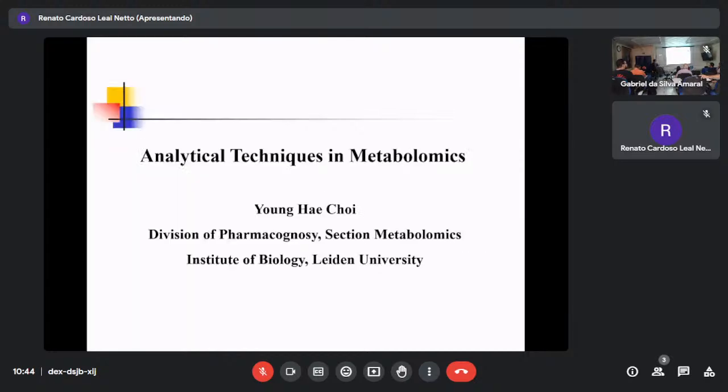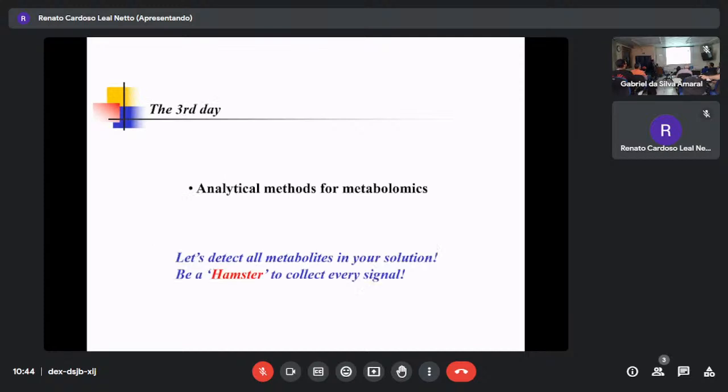So analytical techniques in metabolomics, there are a lot. Analytical methods for metabolomics is the next step. Our goal in this stage is to metabolize in your solution, like a hamster, and collect as many as possible. Now you are a hamster, not a scientist anymore. Become a scientist, right? Collect the data.